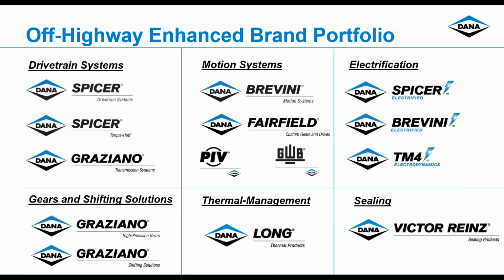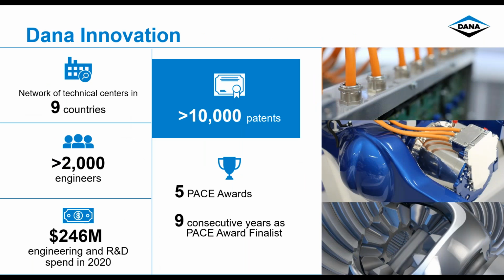For this reason, the brands owned by Dana off-highway move from the drivetrain system to the sealing one. But today we will focus on the Brevini Motion Systems valves, because these are the ones that deal with fluid power components. To end the first part of my presentation, I will highlight what Dana has as innovations.